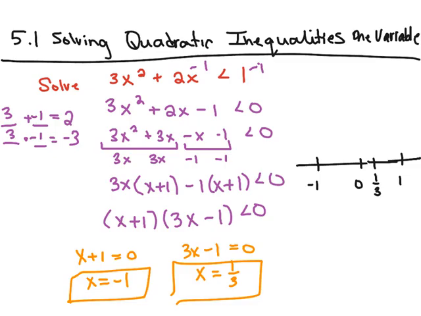And it's not greater than or equal to, or less than or equal to, so we have open circles, and we want everything in between. So we know that our answer will be x such that -1 is less than x, which is less than 1/3 for all the real numbers.